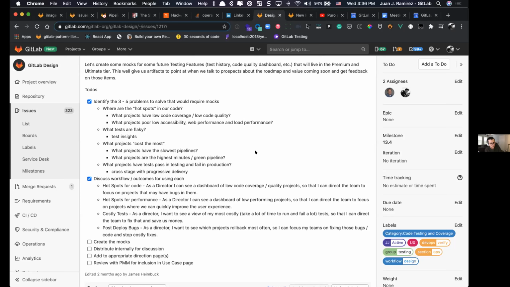Yeah, the second thing was identifying tests that are flaky, and just in general getting test insights. That's another interesting one, because right now we provide all this underlying infrastructure to run different test suites and different test frameworks, and we're processing all the data of how the tests are doing.